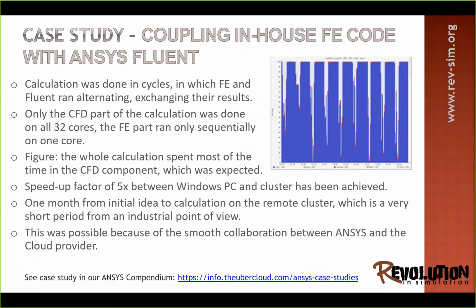As can be seen from the figure, only the CFD part of the calculation was done on all 32 cores, while the finite element part ran just on one single sequential core. The figure also indicates that the whole calculation spent most of the time in the CFD component, which we expected and which I already mentioned before.